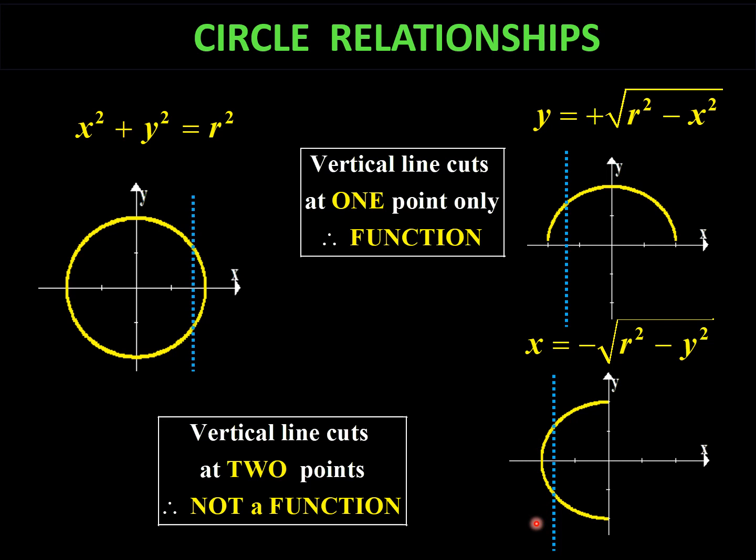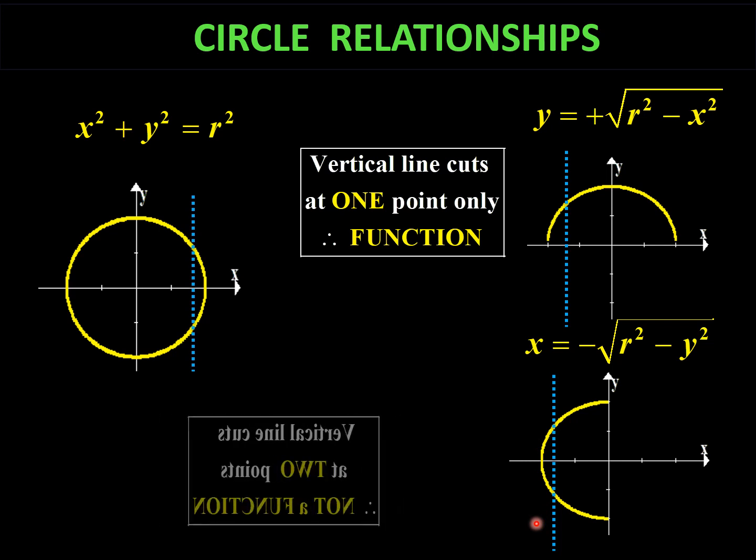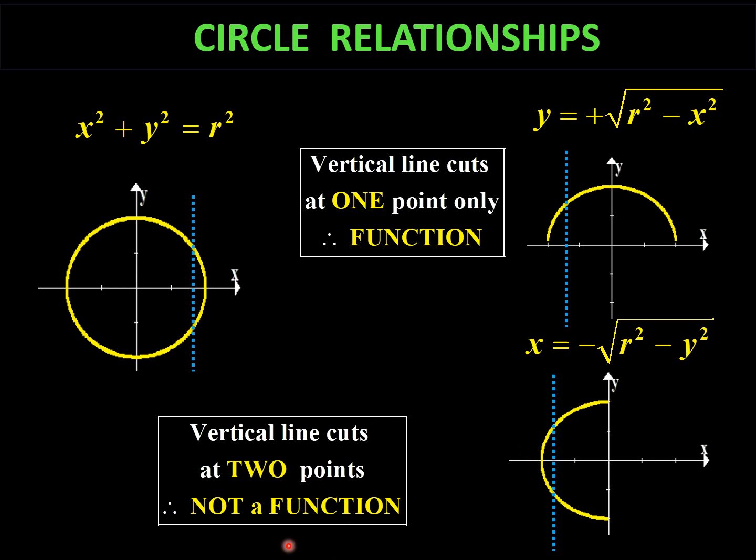Therefore, it will not be a function. Okay, let's see there. Can you see? So these two are the same. This one here does not represent a function. And this one here also does not represent a function. But when I have the top part of the circle, the semicircle, or the bottom one there, that would represent functions.